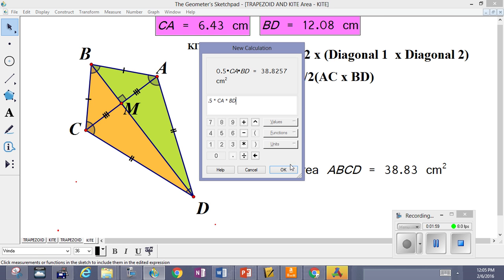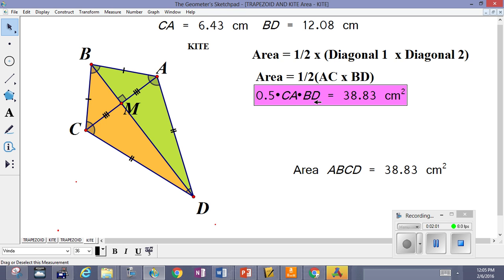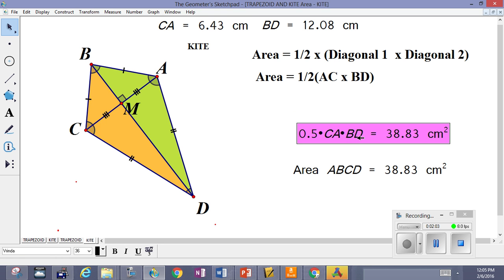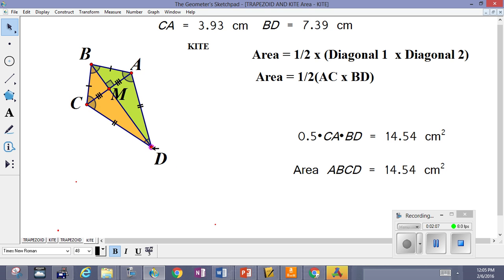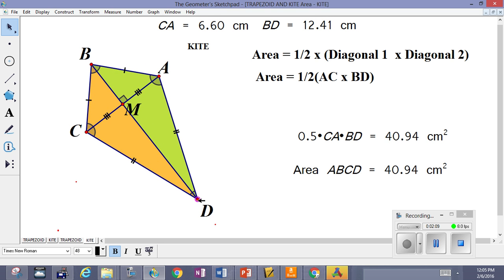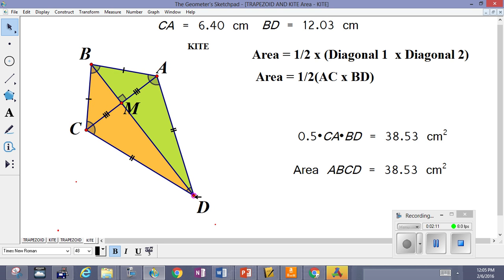Sorry, that didn't take. Let's do it again. Calculate: 0.5 times one diagonal times the other diagonal. And there's the exact area that Sketchpad figures out, computed by half the diagonal times the diagonal.